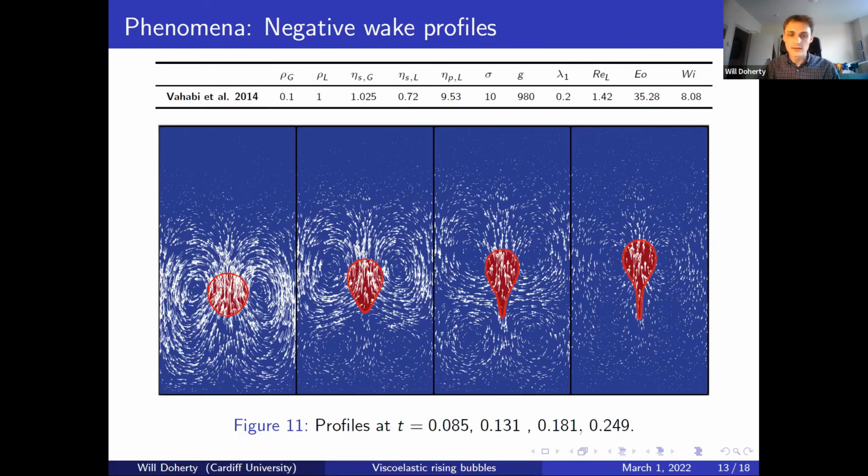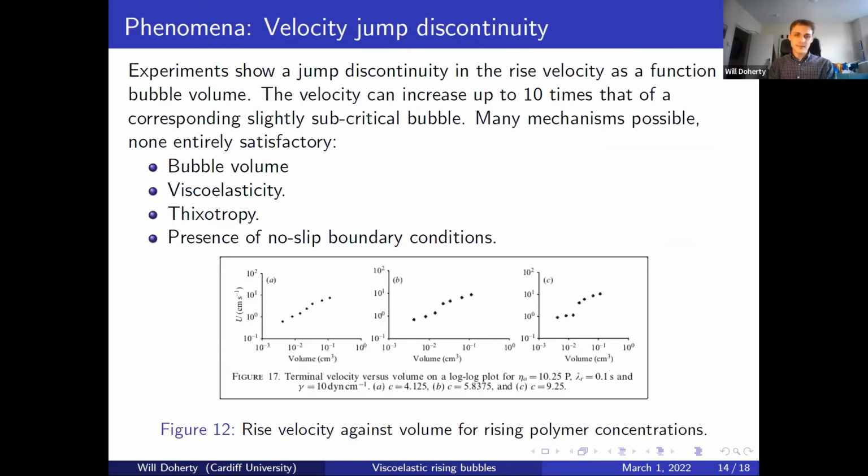So, like I said, the last phenomenon that I'm going to talk about is the velocity jump discontinuity, which is really interesting because it's kind of almost a natural example of a discontinuity in nature.